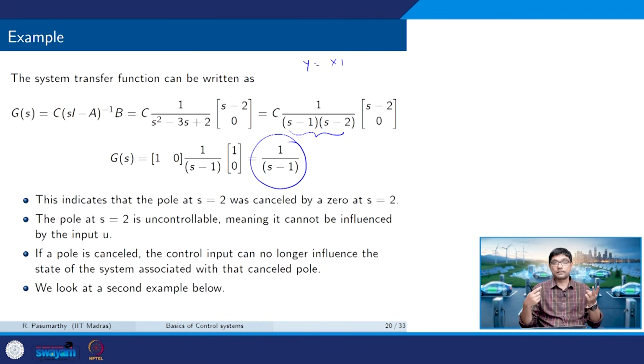I would expect the system to have 2 poles because the number of states is 2. This unstable pole is cancelled by a zero. The pole at s equal to 2 was cancelled by a zero, which means that this mode is uncontrollable and cannot be influenced by the input u. That is the same thing.